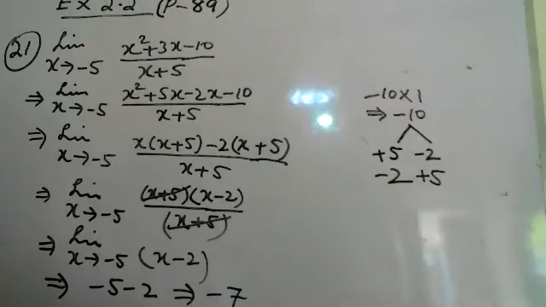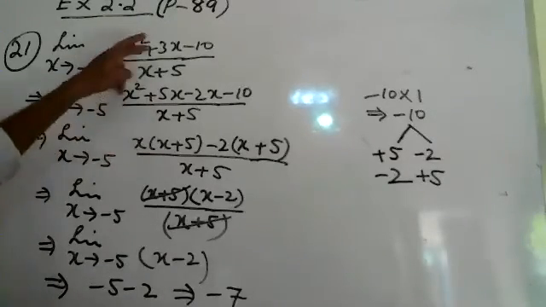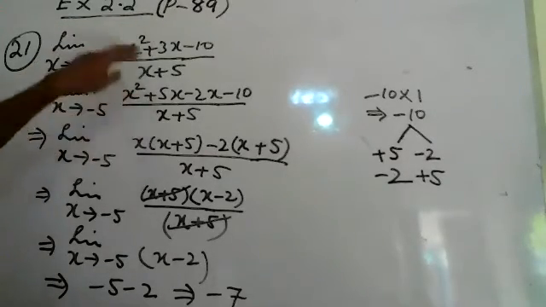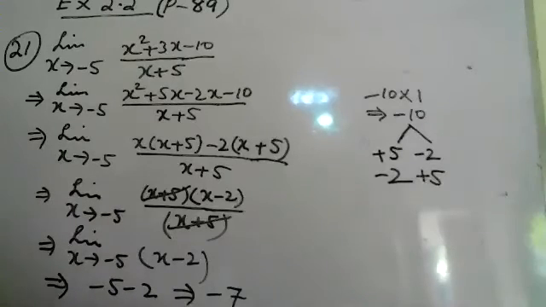Most of the students, I think, know how to make the factors by the middle term break method. So they don't need to be told, but I'm telling it for those students who don't know how to break the middle term. So I am explaining this.